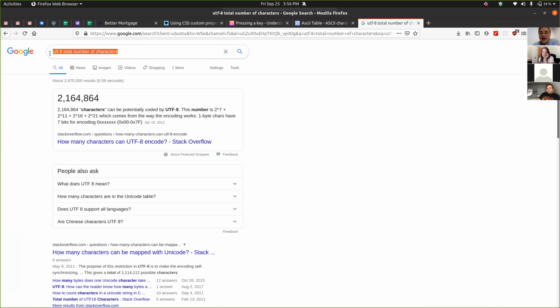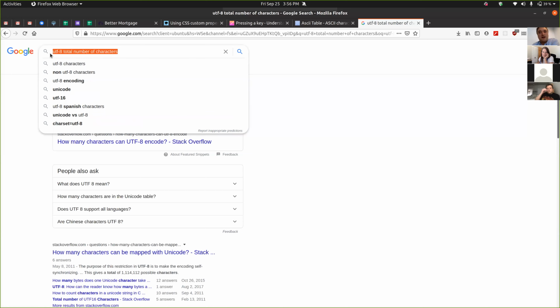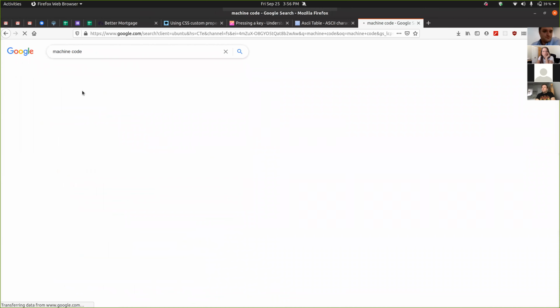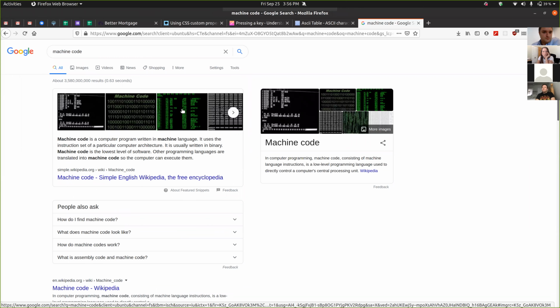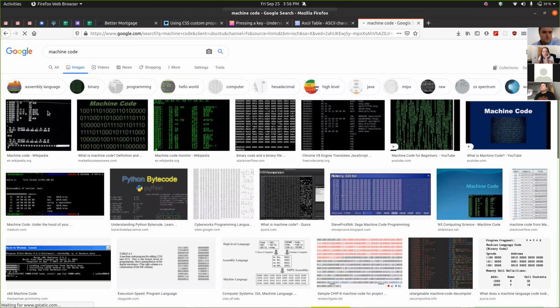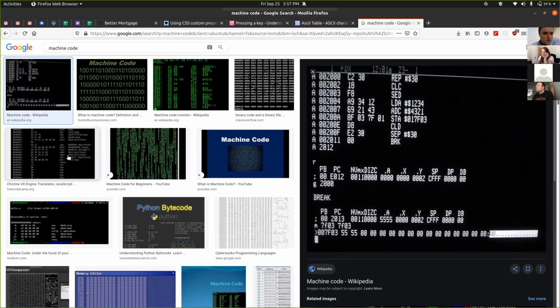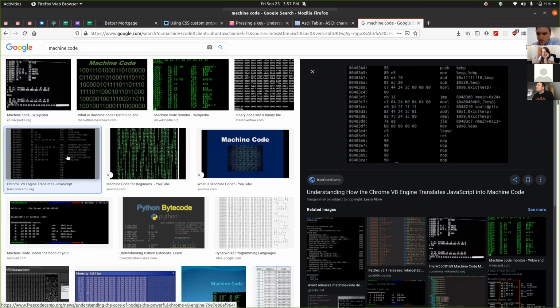And specifically what that looks like, it's kind of like programming, except way down. It's a thing called machine code. Things like this: call, move, and subtract.